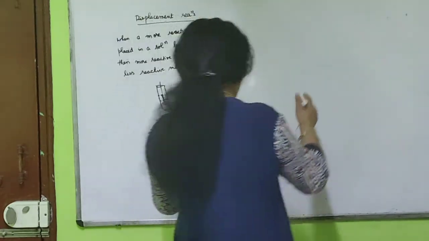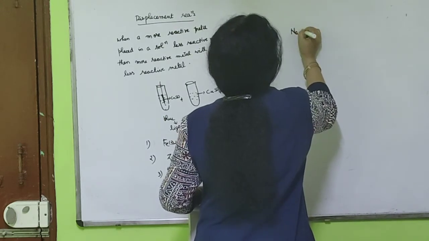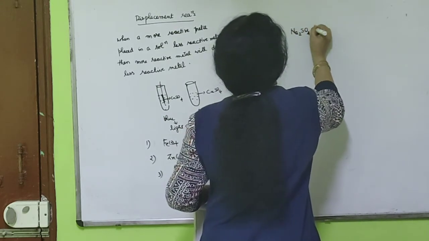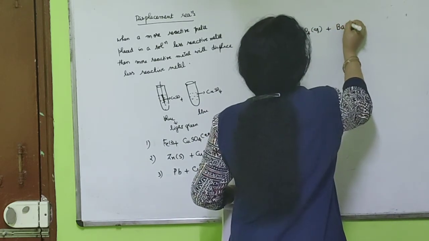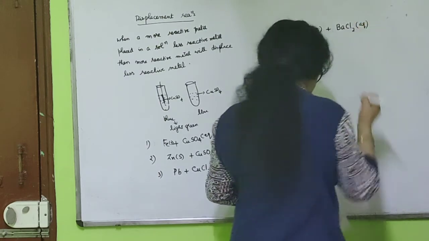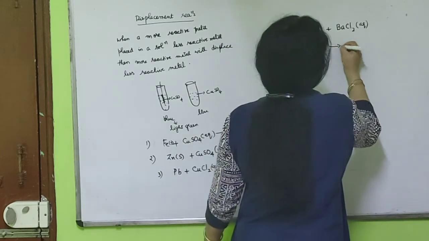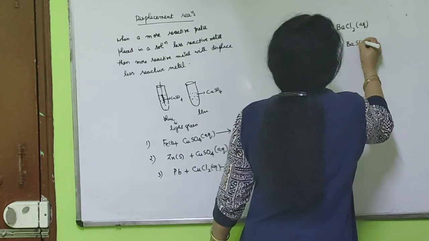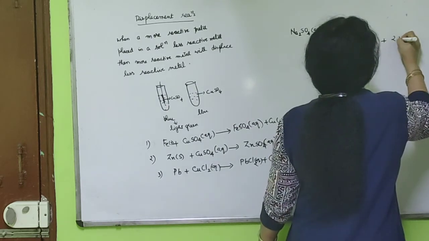That type of reaction is called a double displacement reaction. For that, take a solution of sodium sulfate, Na2SO4, in one test tube and add barium chloride solution, BaCl2 aqueous. Then we will get a precipitate of barium sulfate plus sodium chloride, 2NaCl.